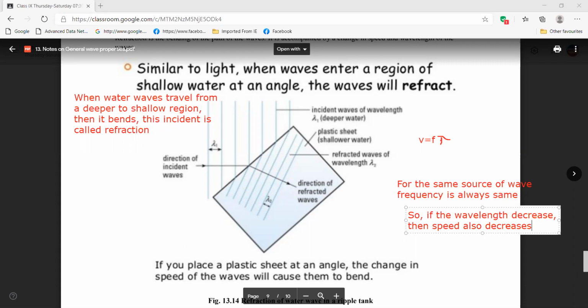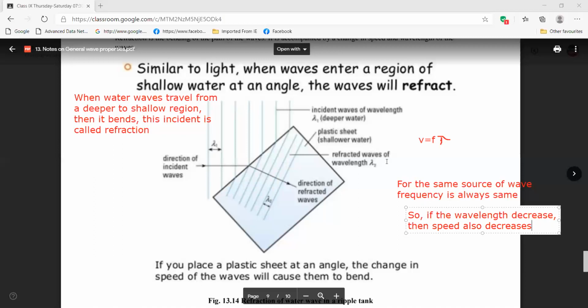Like frequency is same, so if the wavelength is less, then the speed is also less, right? Yes, sir. Is it clear?